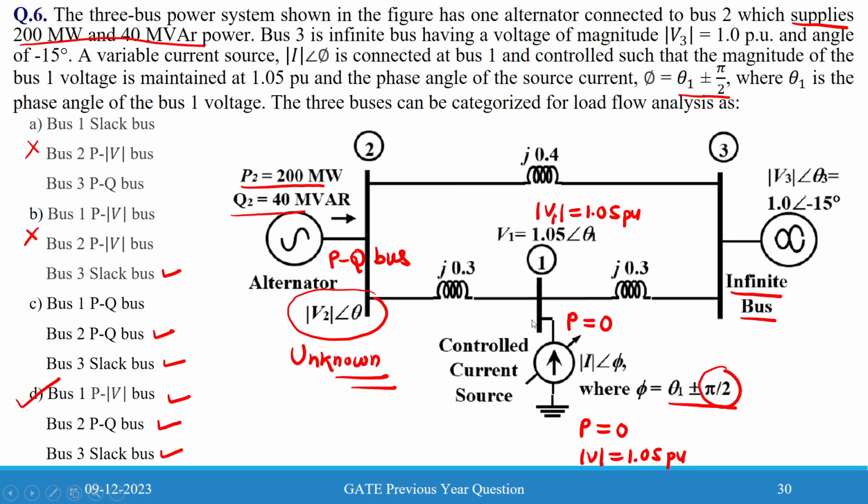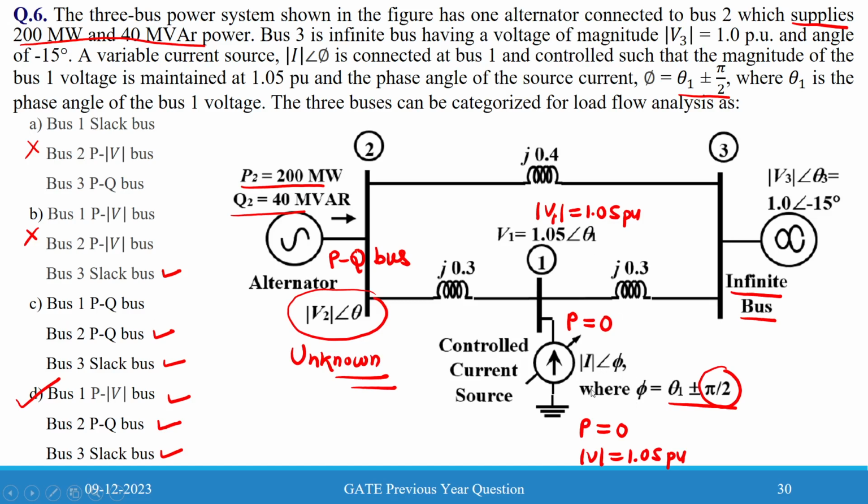For bus 1, what are the things given? The V magnitude is given, and the angle is given. Here you can see this current has a phase shift of pi by 2 with respect to voltage. Voltage angle is theta 1.